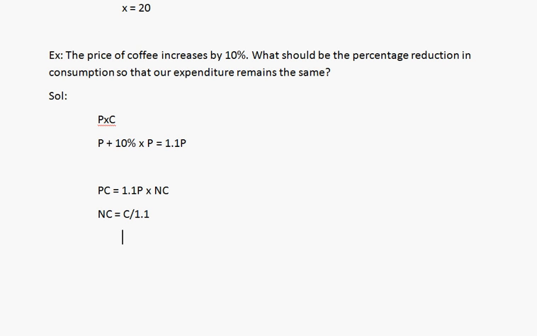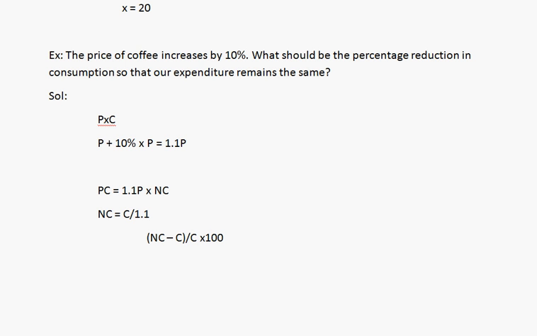So the percentage change would be a percentage decrease, right? New consumption minus old consumption, divided by the old consumption, and this whole should be multiplied by 100.